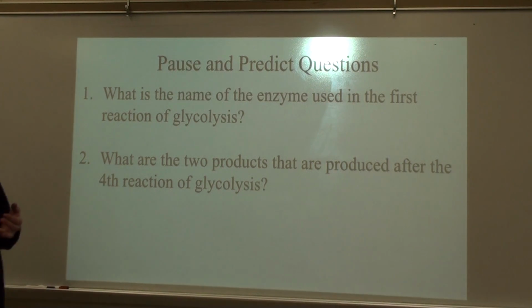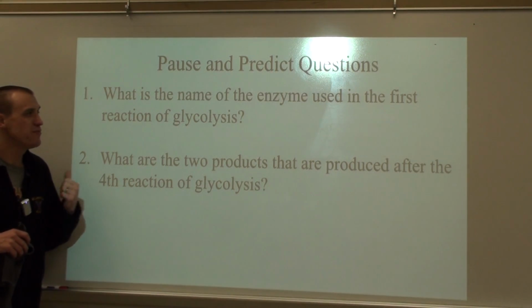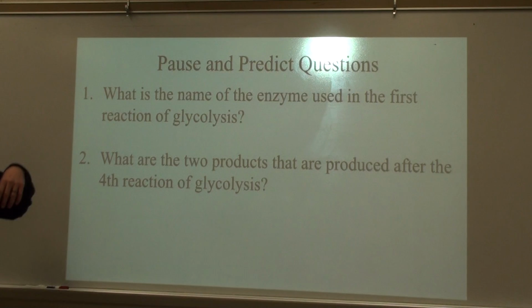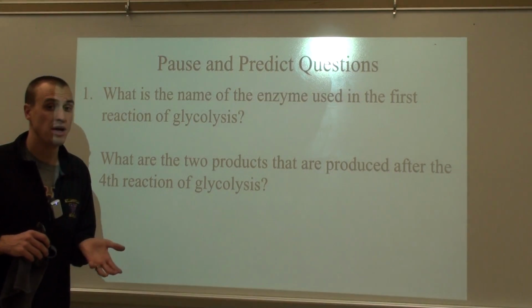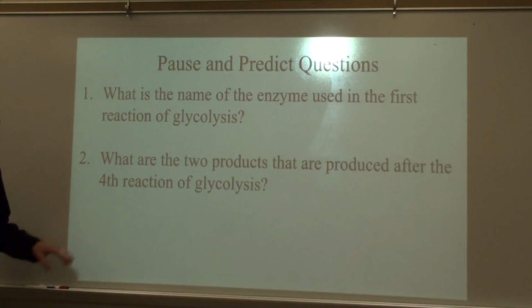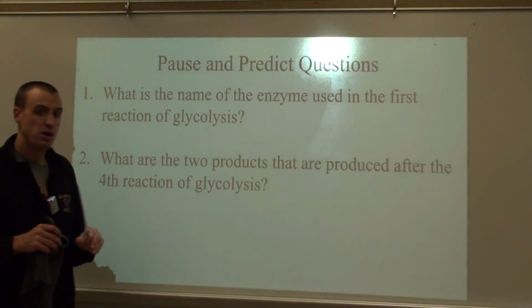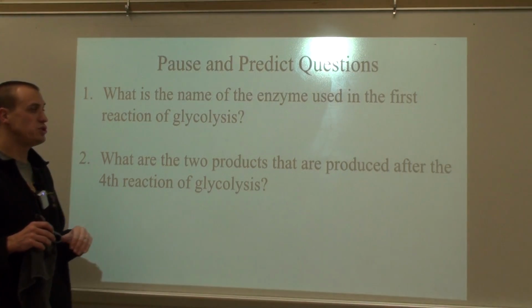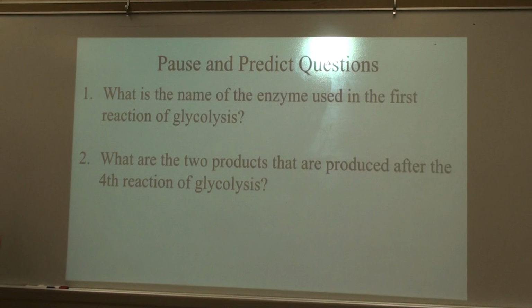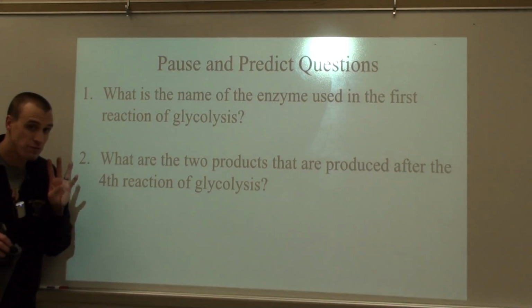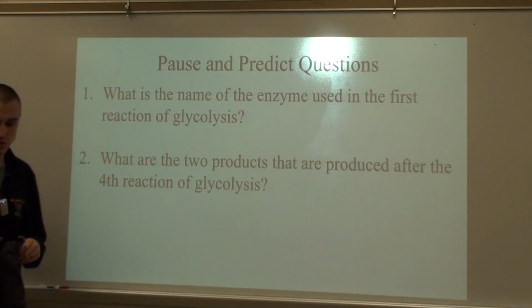I want to know, what is the name of the enzyme used in the very first reaction of glycolysis? And the second thing I want to know is the 2 products that are produced after the 4th reaction of glycolysis.